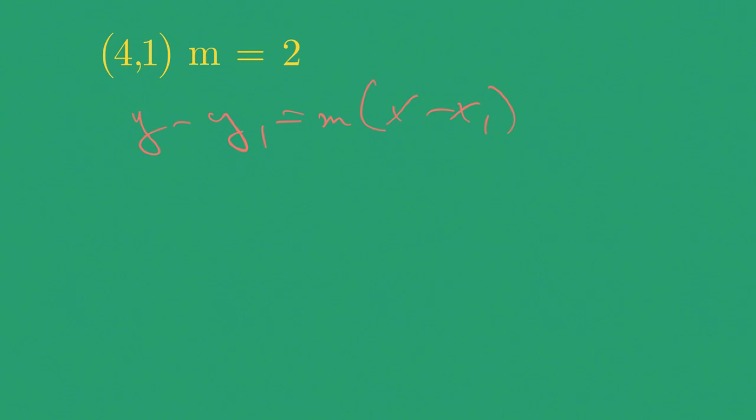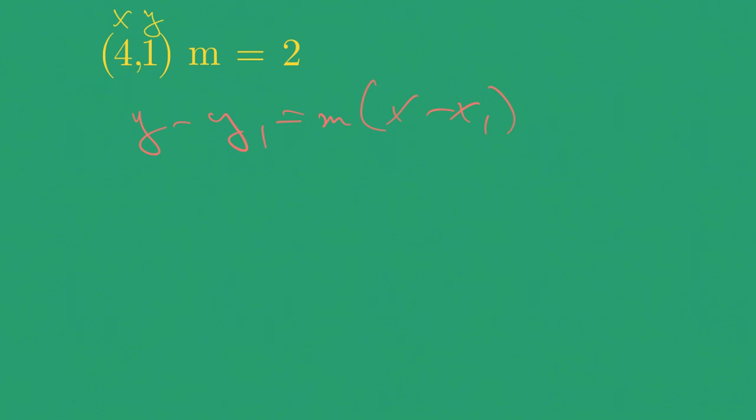Guys, in that information they gave us, which one of those numbers is the y value? The 1. Y sub 1 is where we're going to plug it in, but the 1 is the y value. What's the x value? 4 is the x value. And of course, the m is the slope.